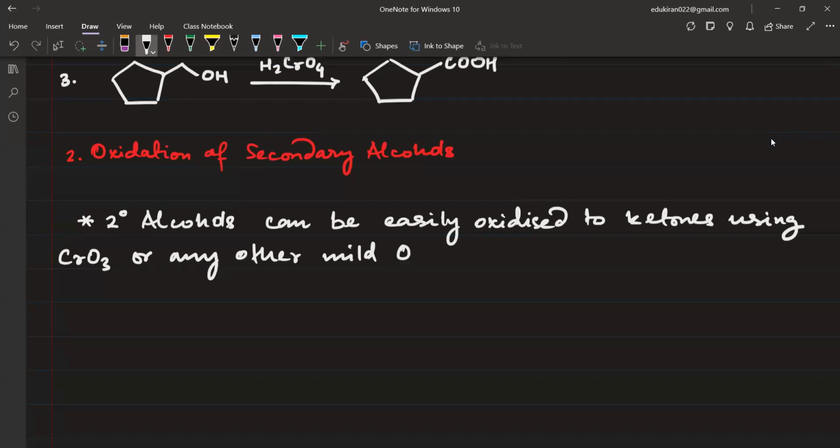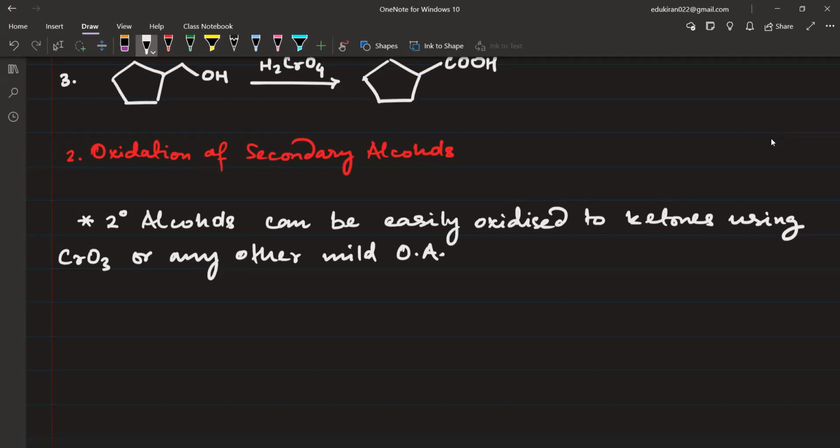Mild and weak are same. So we have got one new reagent that is only used for ketones, CrO3, and it is used for 2-degree alcohols to get ketones.